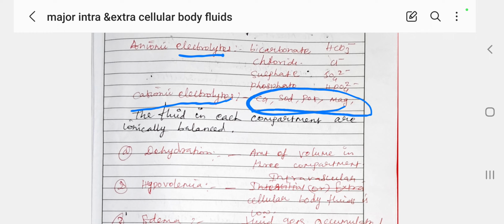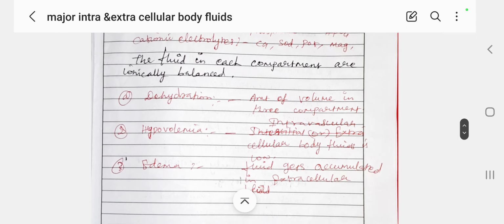The fluid in each compartment is ionically balanced also. If any change occurs in the balance of these ions, it may create a problem, like dehydration.